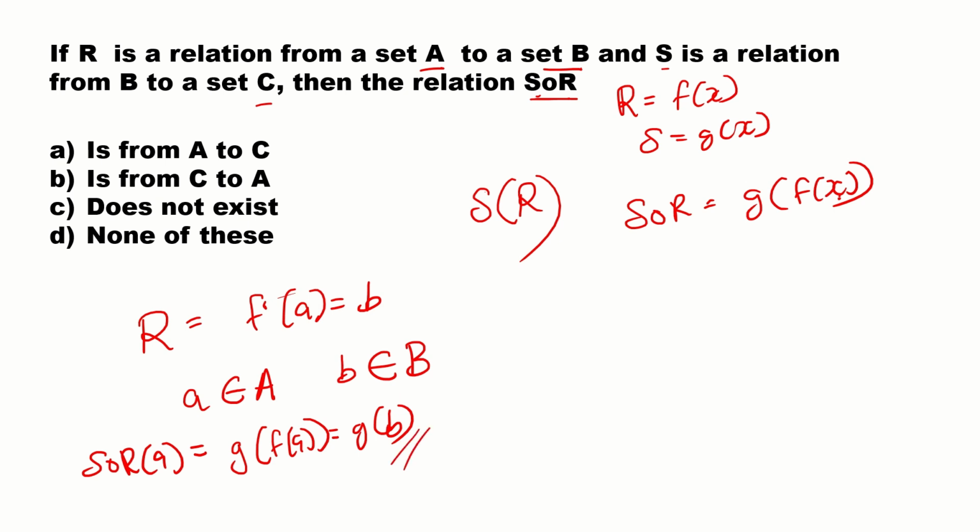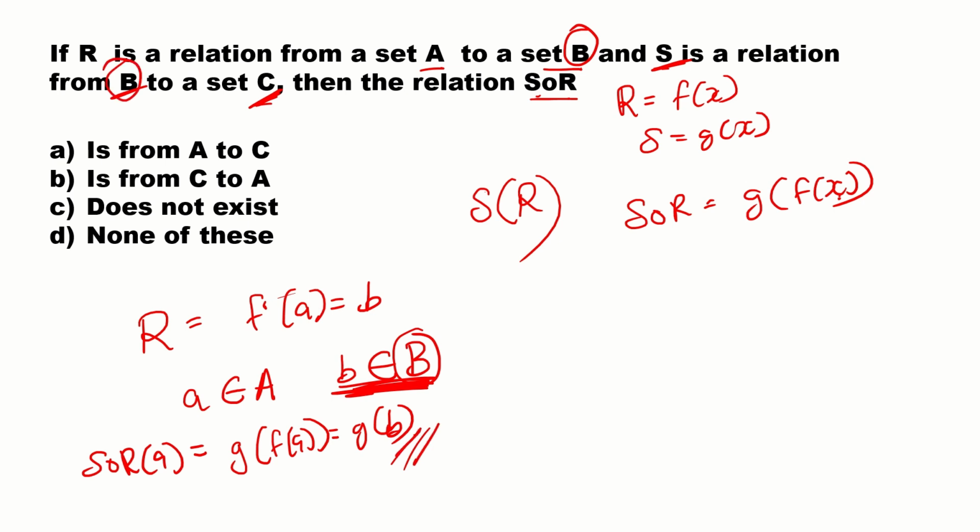Now we need to find out if this would be defined or not for every b belonging to B, and we can say it is defined because the relation S is basically g of x and it's from capital B to capital C. Since b belongs to capital B, g of b can be defined.